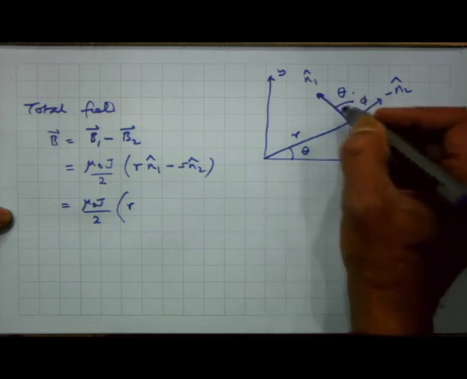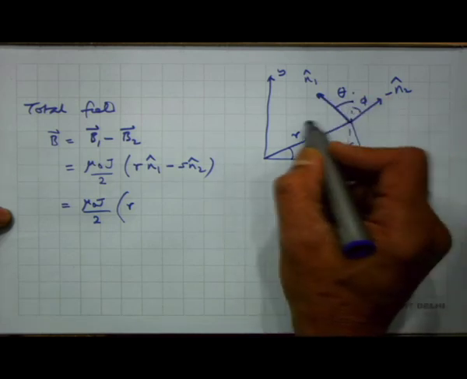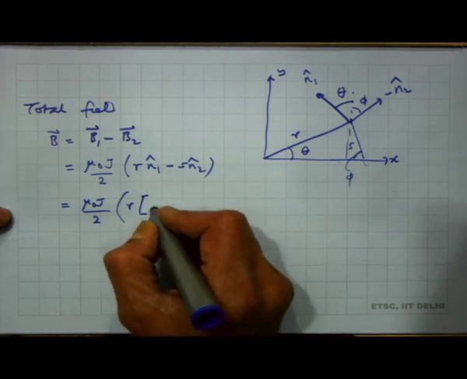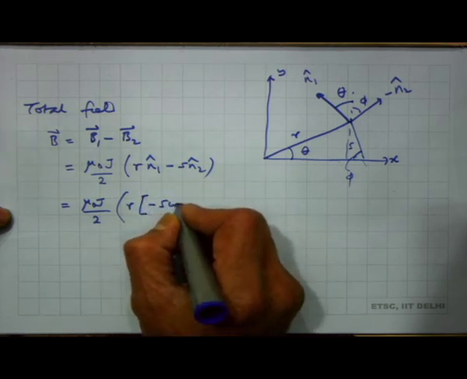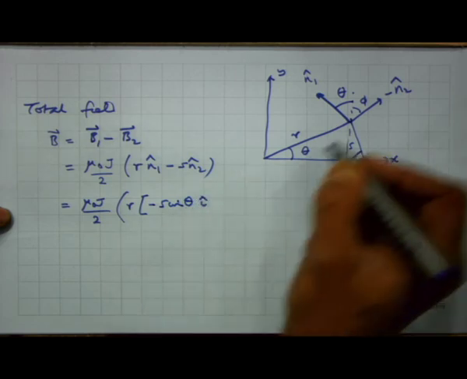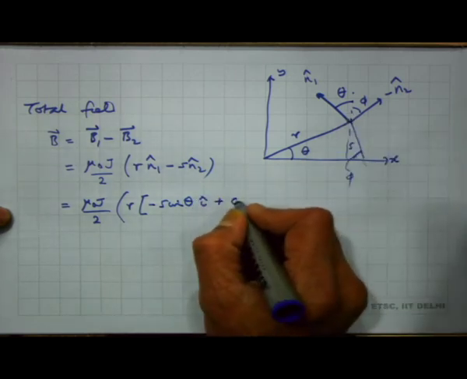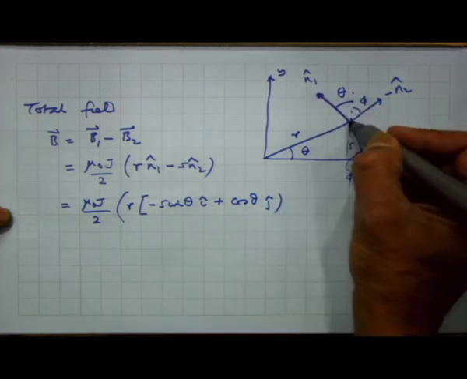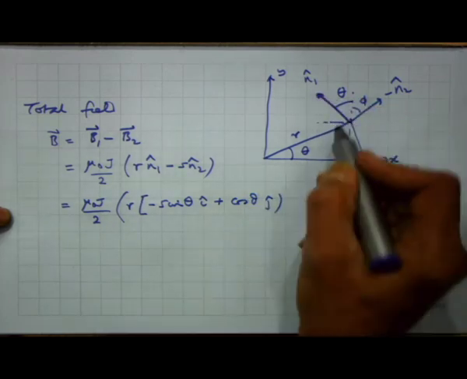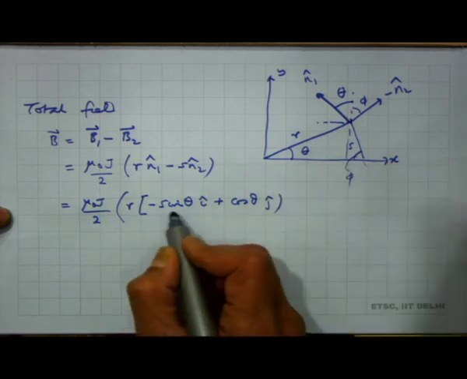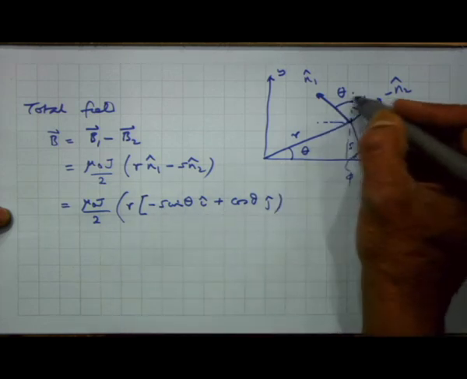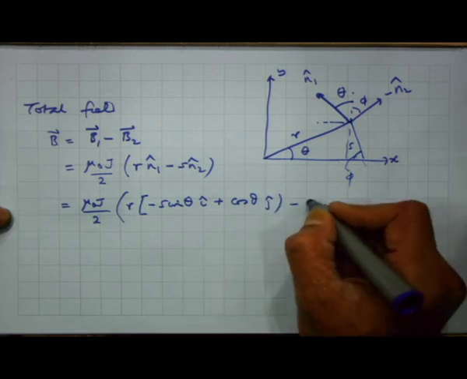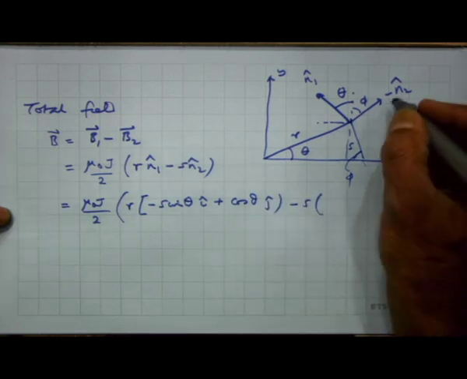So, if you look at n 1 cap, it has an x component and a y component. So, the x component is minus sin theta i cap plus cos theta j cap. This vector has a component along this direction, x component, which is negative. So, minus sin theta i cap plus a positive component along y, which is plus cos theta j cap, and then minus s times n 2 cap.